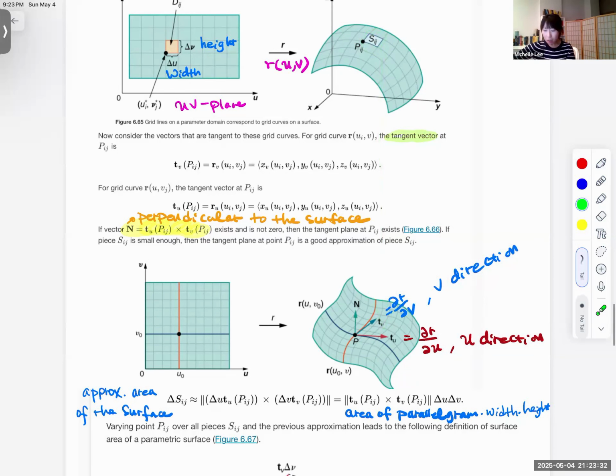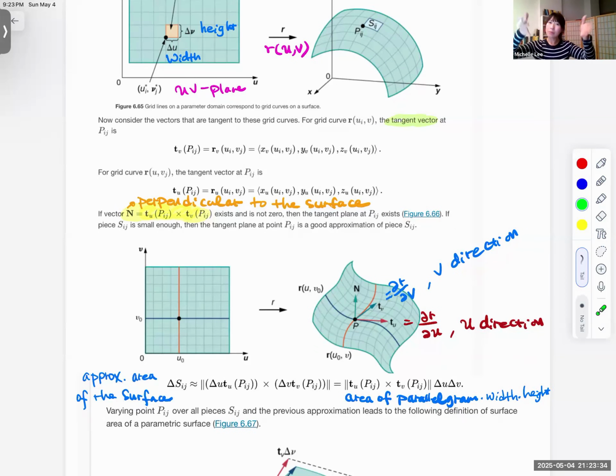Okay. Now, we have the magnitude of the cross product. We learned it from, I don't remember, section 3.1 or something like that. Cross product, right? So at the end of the cross product, we learned the magnitude of the cross product is the area of a parallelogram, right?